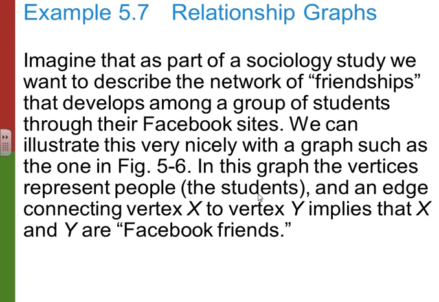Imagine that I have a sociology study. We want to describe the network of friendships that develop among a group of students. We don't want to talk about Facebook. We can illustrate it very nicely by having vertices being the students X and Y, and the friends going the other way.